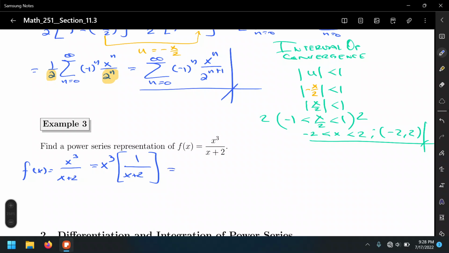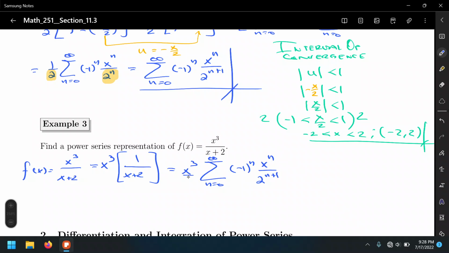So what I can do is x cubed times the series from before, and in this case we can introduce this x cubed inside. But what are we going to have?